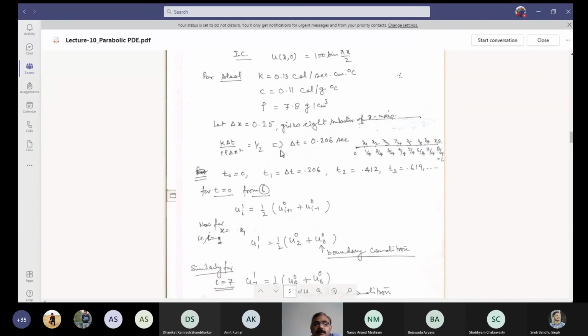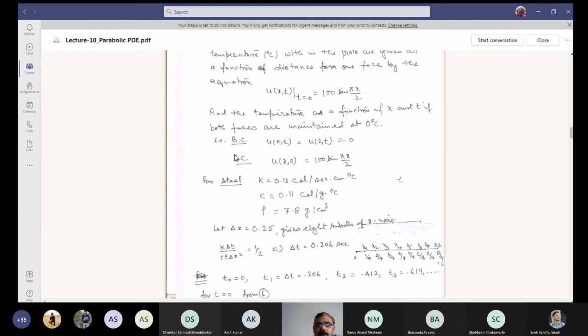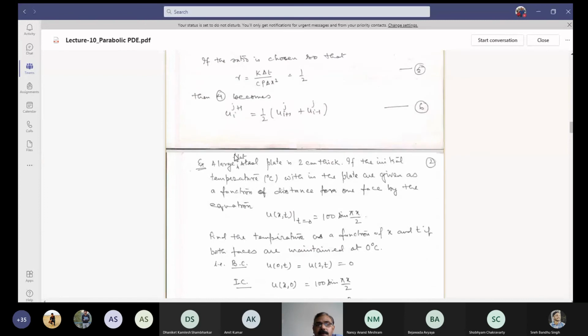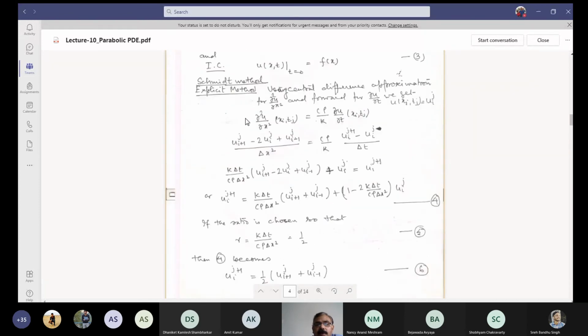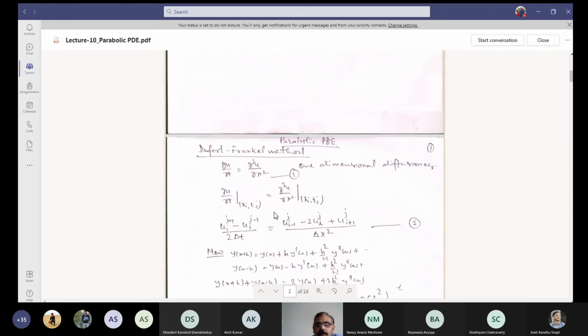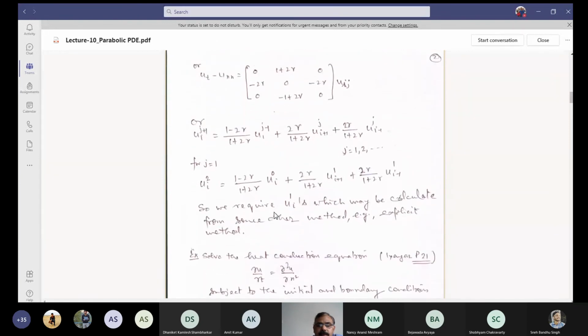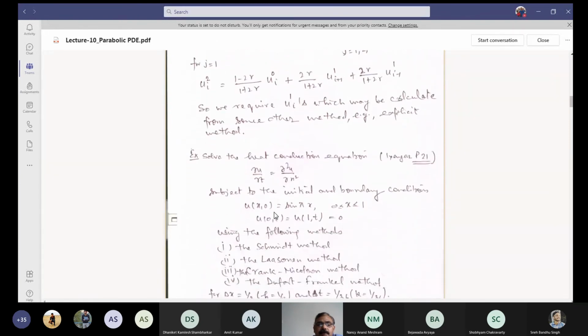If delta x is 0.25, we have assumed that k delta t by C rho delta x square is equal to half.